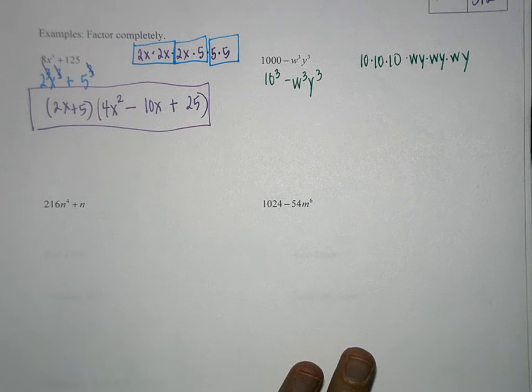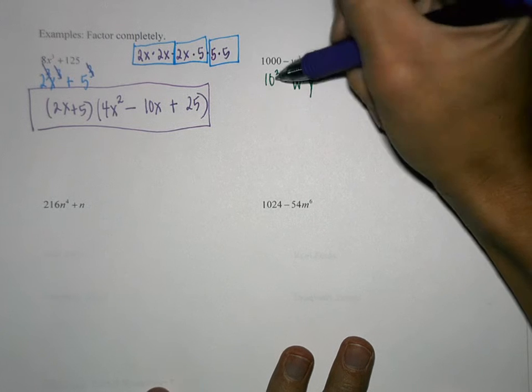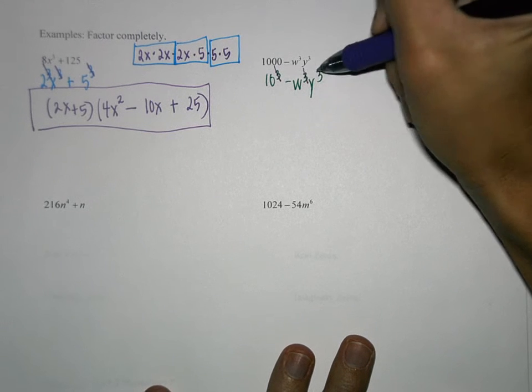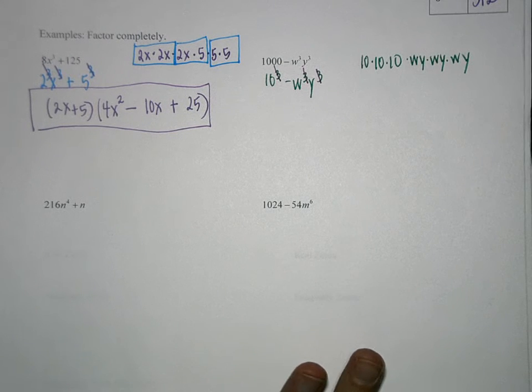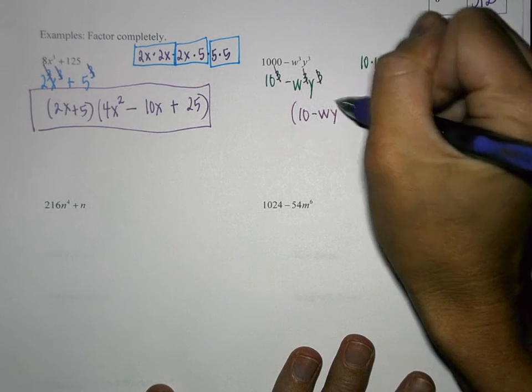We don't have to worry about the negative sign right now, because remember, we add that in with the SOAP. Okay? So what will be my first parenthesis? Good, because remember, we're just taking off the cubes for our first parenthesis, and it's just written as 10 minus wy.